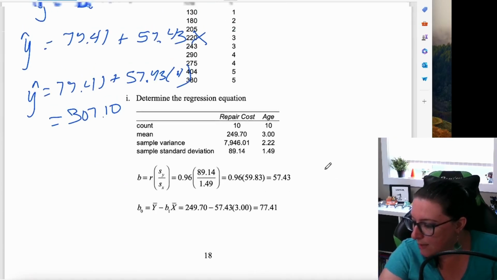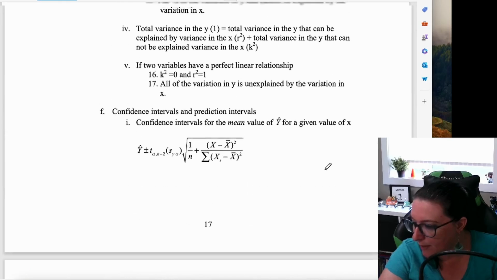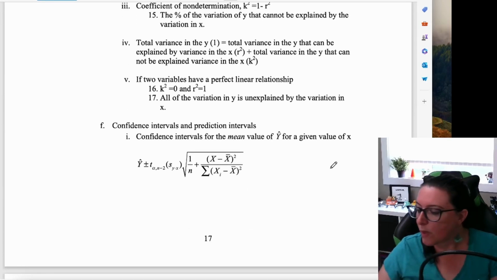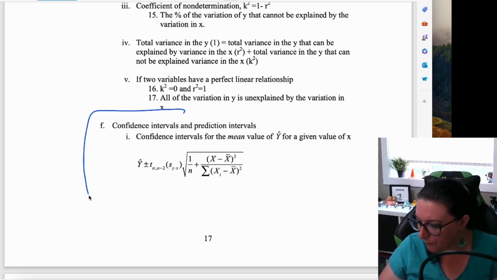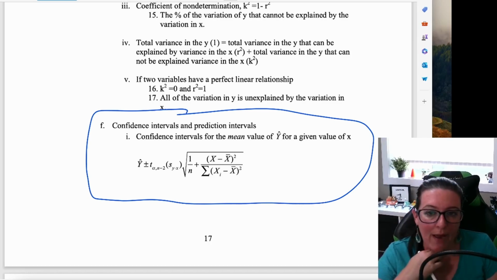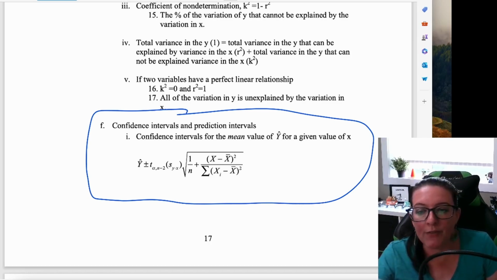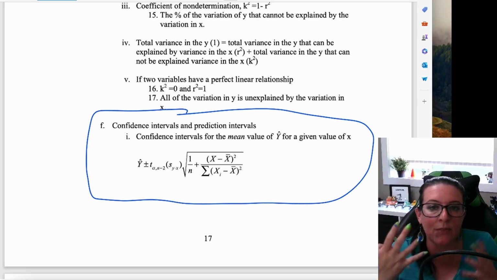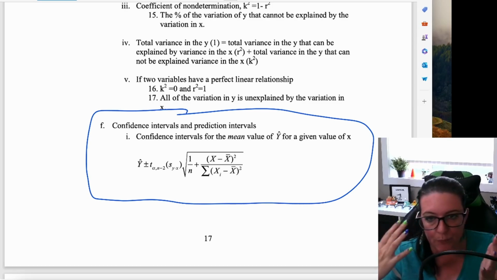So I'm going to take us back here to the theory because we need two pieces. We need this formula right here: the confidence interval for the mean value of y hat for a given value of x. When we did confidence intervals previously, we said the mean in the population is between these two.